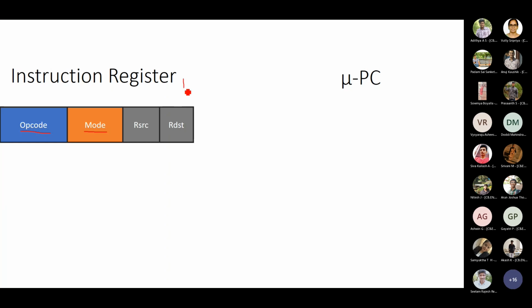Now assume that you have 16 general purpose registers. So how many bits will this RDST require? Can you tell me quickly, how many bits will this RDST need? If you want to specify a destination register, there are 16 possible destination registers. So using how many bits can you specify which destination register it is? 4 bits. 4 bits, very good.